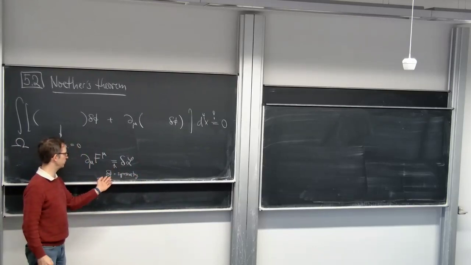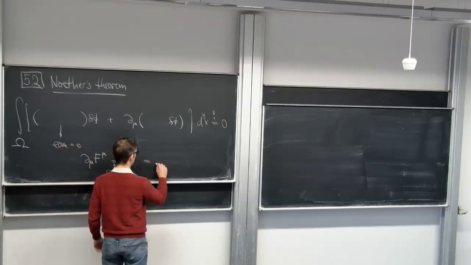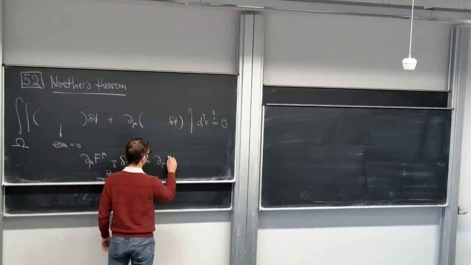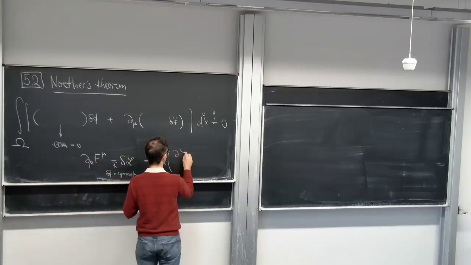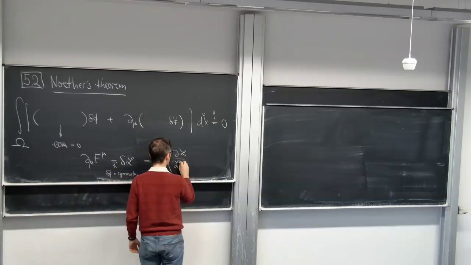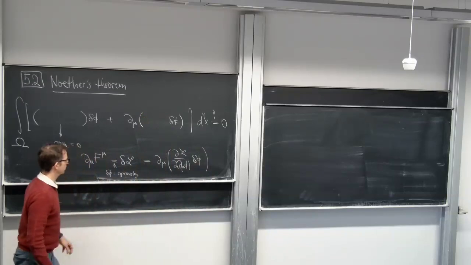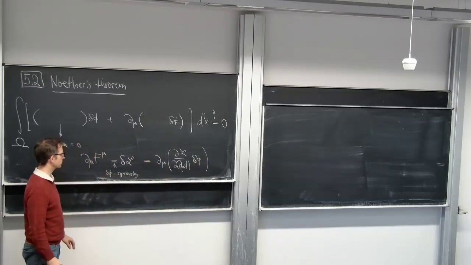We call it a symmetry if this works without using the equation of motion. And then for any variation, this is d mu of dL by d mu phi delta phi. So that's what it always is.